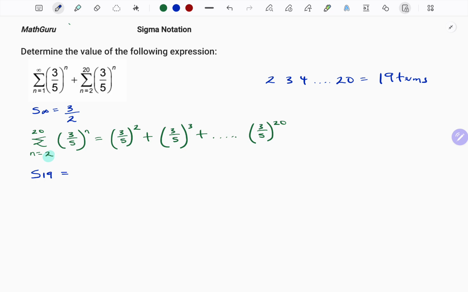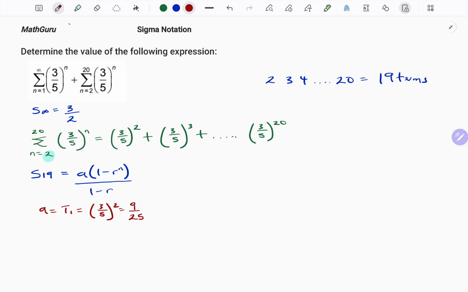The formula for that is a times (1 minus r to the power of n) divided by 1 minus r. Note that my a, the first term, is t1, that's equal to (3/5) squared, which is the same as 9 over 25.